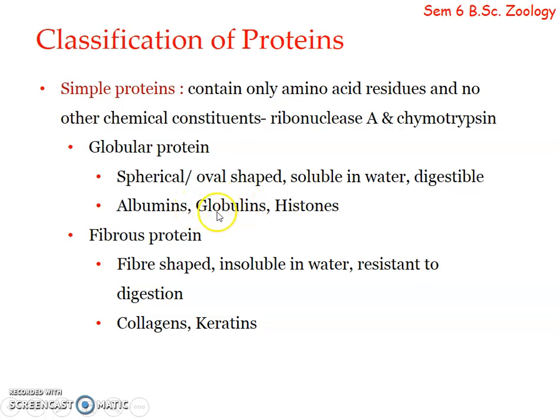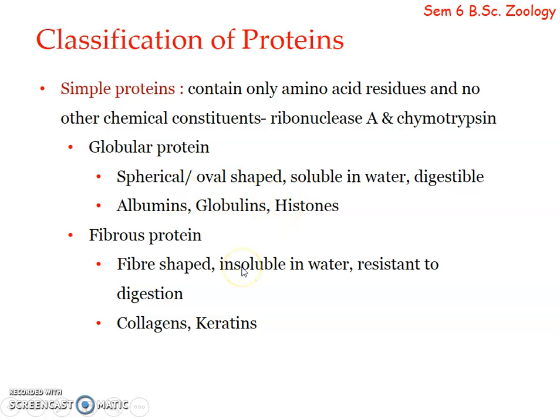In the blood, we can find globulin, right? And what about histone? Histone is a strongly basic protein, actually, which is found in the chromosome structure formation. Like you will be learning in your molecular biology classes, how the histones come into play for the formation of chromosomes. Okay, so all these are globular proteins.